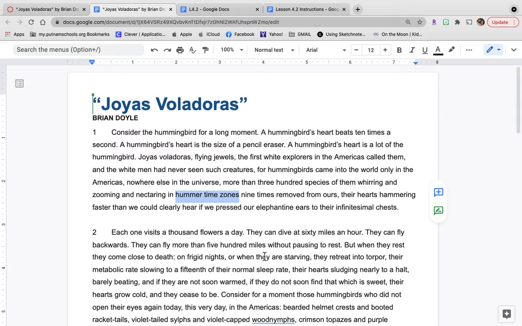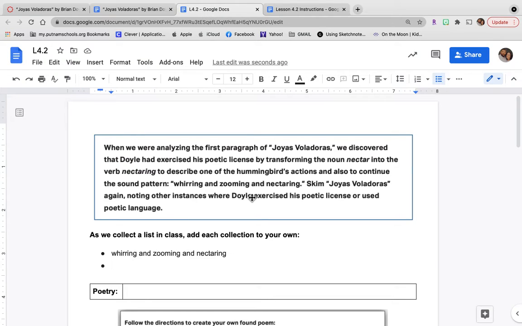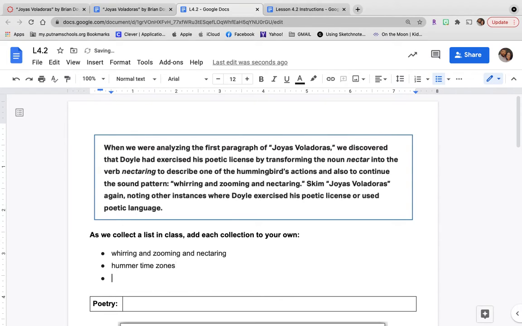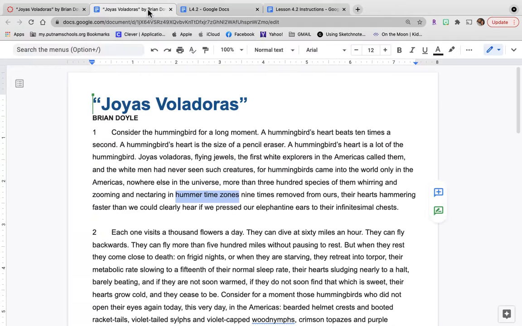So every time we go visit, we have to set our clocks back. As we come home, we have to put our clocks forward. So I know time zones. A Hummer time zone? There's no such thing as a Hummer time zone. So he fabricates his own time zone. Because that's fabricated, it's not a real thing. It's almost like poetic license. He's made something up to help better his writing and his ideas of what he's trying to convey.